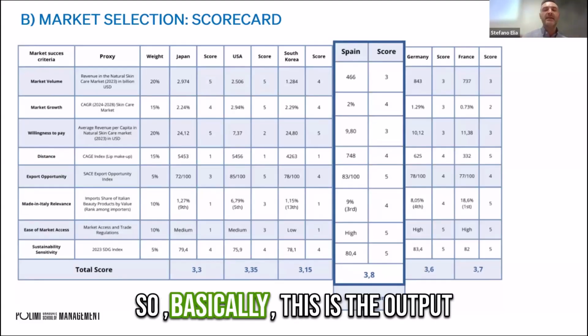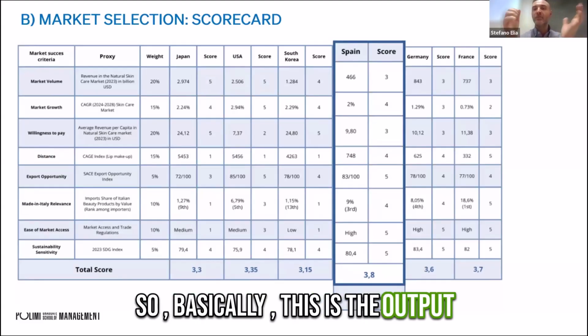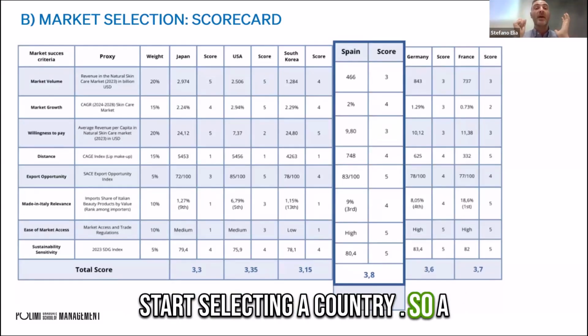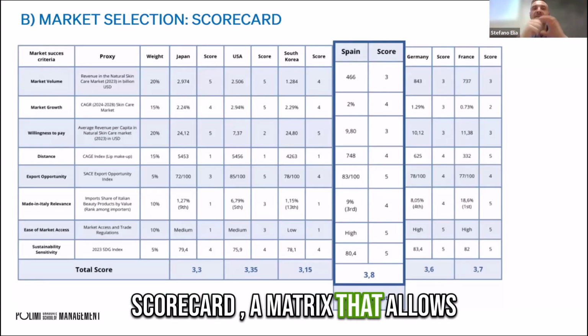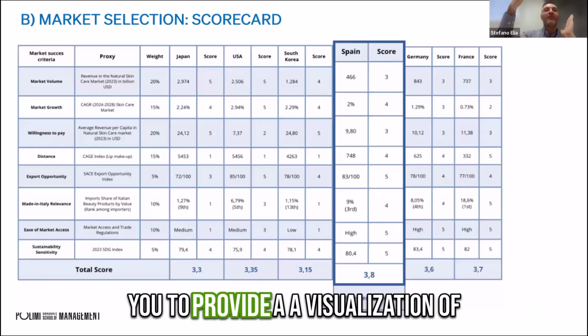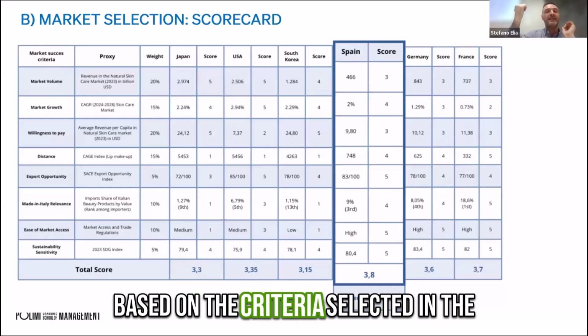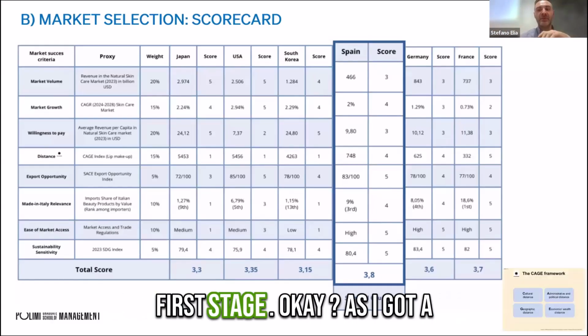So this is the output that you should have whenever you start selecting a country. A scorecard, a matrix that allows you to provide a visualization of why you selected a specific country based on the criteria selected in the first stage. Okay.